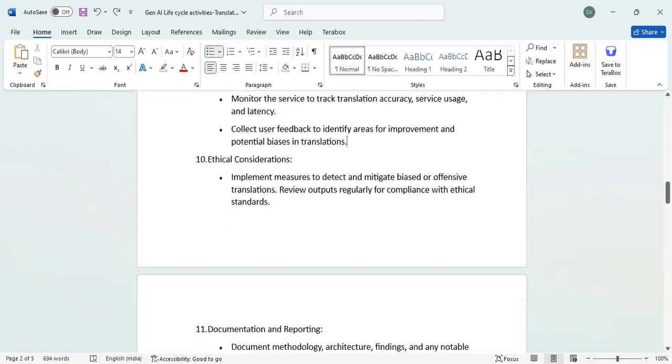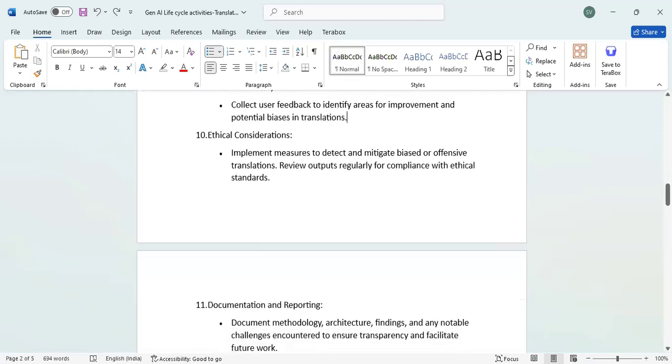Ethical considerations. Implement measures to detect and mitigate biased or offensive translations. Review outputs regularly for compliance with ethical standards. Basically, I am not sure which translation service is being used in this Gen AI service. Is it going to use Google Translator, or are some other translator services behind it?